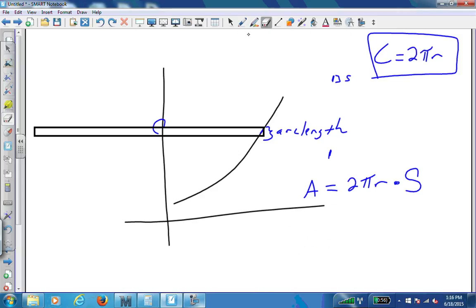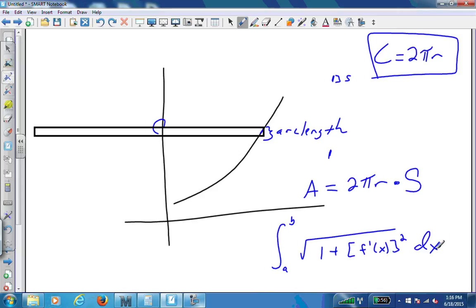Arc length we calculated by integrating from a to b, square root of 1 plus f prime of x squared dx, or f prime of y squared dy, depending on whether there's a variable in x or y. We take that times 2 pi times our radius. 2 pi is a constant, put it out front.